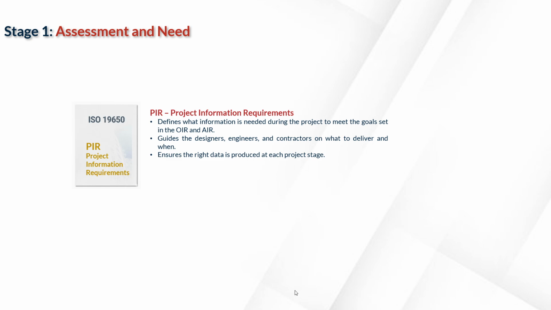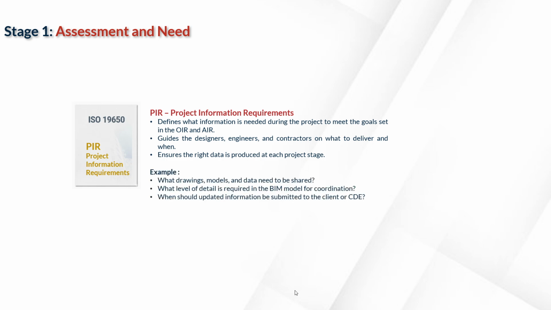It tells the designers, engineers, and contractors what to deliver and when, ensuring everyone provides the right data at each stage. For example, it specifies which drawings, models, and data must be shared, what level of detail the BIM model should have for coordination, and when updates should be submitted to the client or uploaded to the common data environment.